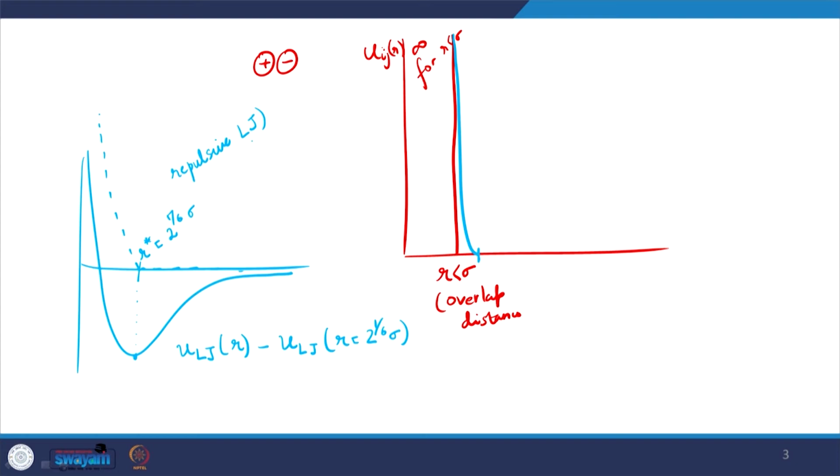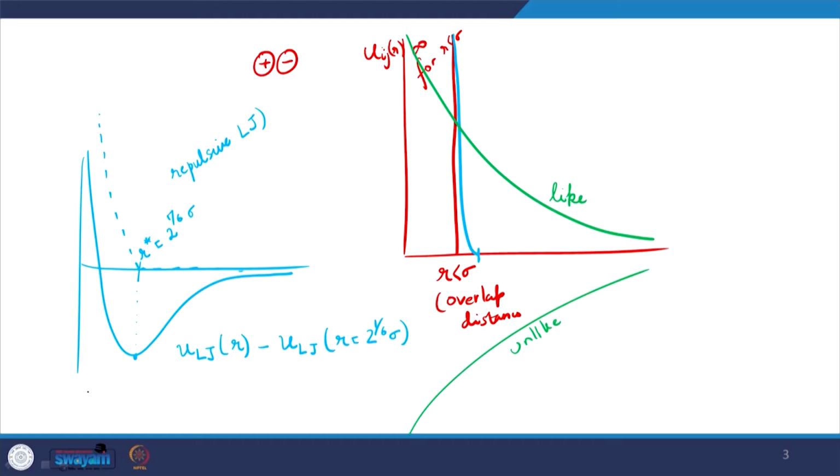We can still have Coulomb interactions. So, Coulomb interactions can be, for example, like this for like-charged particles, or it can be like that for unlike-charged particles, that is, attraction for unlike charges and repulsion for like charges. So, we are basically adding the Coulomb interactions with the Lennard-Jones interactions.